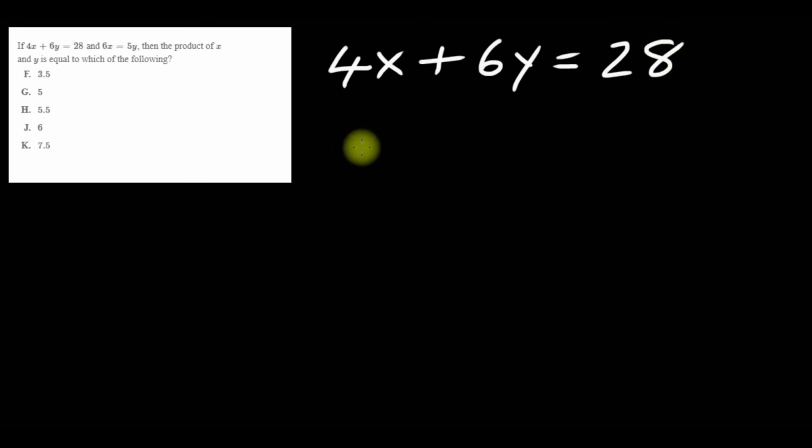And then the other one is 6x is 5y. In order to come up with x, you have to know what y is, right? In order to come up with y, you have to know what x is.